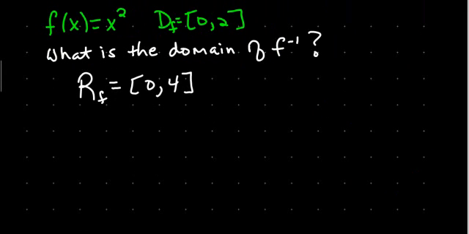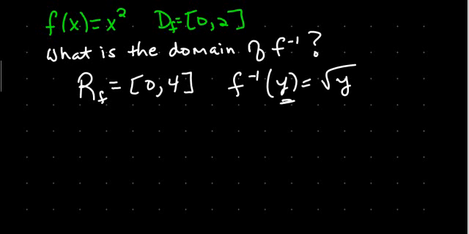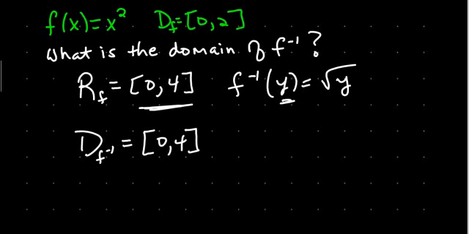And we found f inverse of y equals the square root of y. So that means the inputs for our inverse function are the range of our original function. So I get the domain of f inverse equals 0 to 4. Okay?